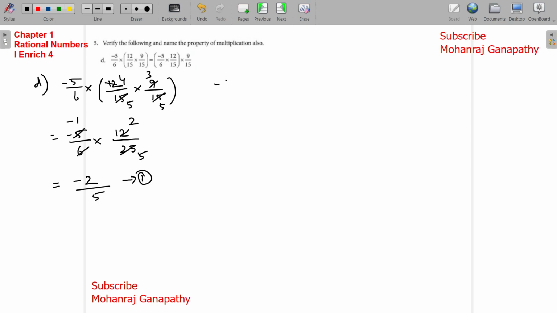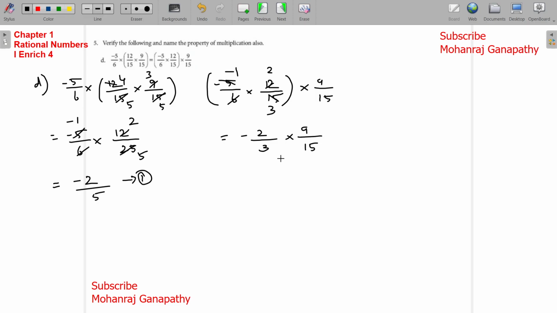Second, minus 5 by 6 into 12 by 15 into 9 by 15. Minus 1 times, 6 2s are 12, which is equal to minus 2 by 3 into 9 by 15. 3 3s are 9, 3 5s are 15.